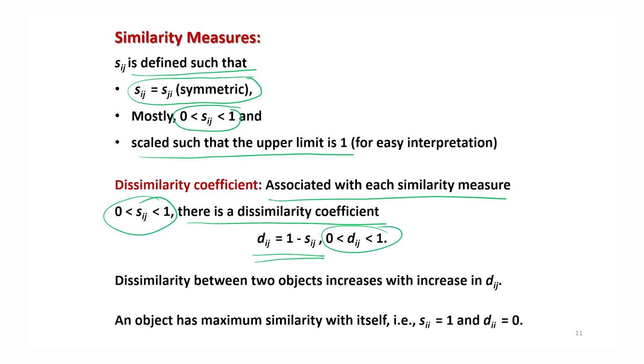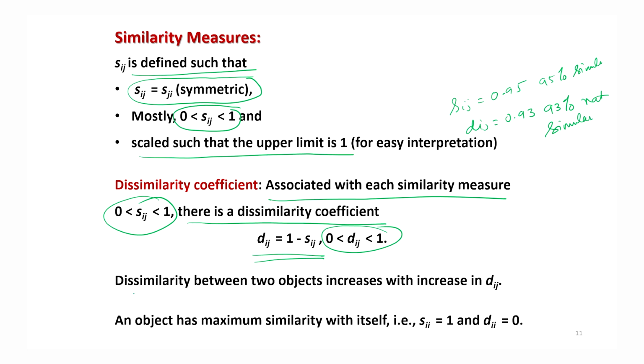What will happen if I say that here Sij is equal to 0.95? That means the objects i and j are 95% similar. But if I say here Dij is equal to 0.93, that means the objects are 93% not similar, right? This is how we try to interpret it.